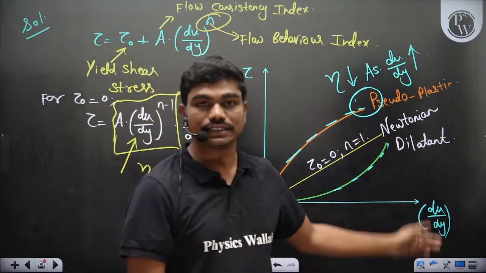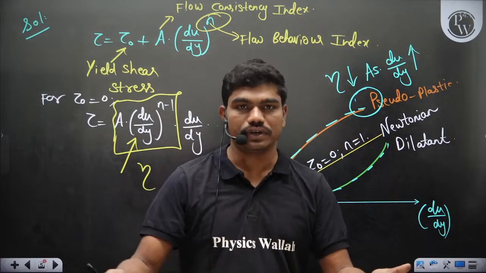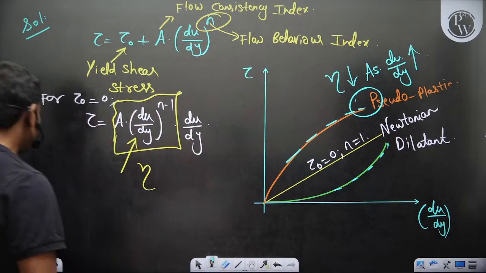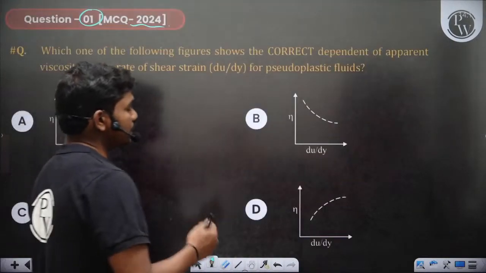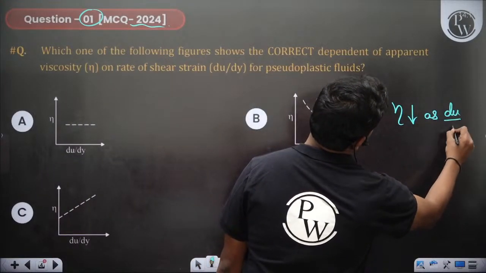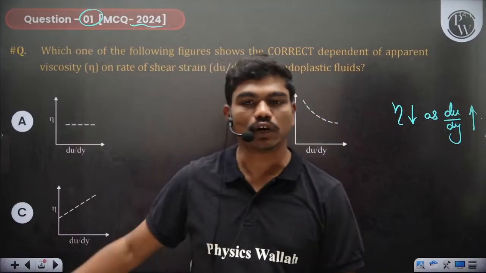Clear? Like for example, you can see in this case, like butter, if you leave it for 3-4 days, it gets diluted, or curd, if you leave it for 3-4 days, it gets diluted. So things like this. Clear? So now you should focus on that line where in case of pseudoplastics, eta decreases as du by dy increases. Correct? Yes or no? Now tell me what should be the correct answer?